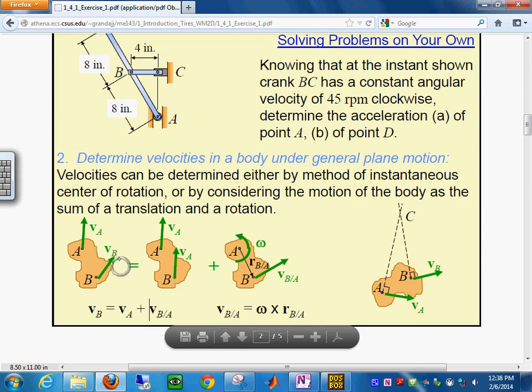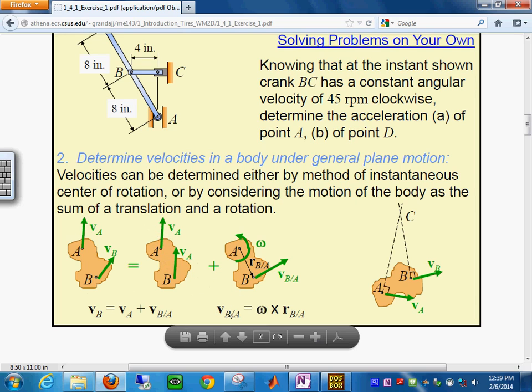So then, just to remind you, the velocity of B is the velocity of A plus the velocity of B with respect to A. Okay, same thing over here.